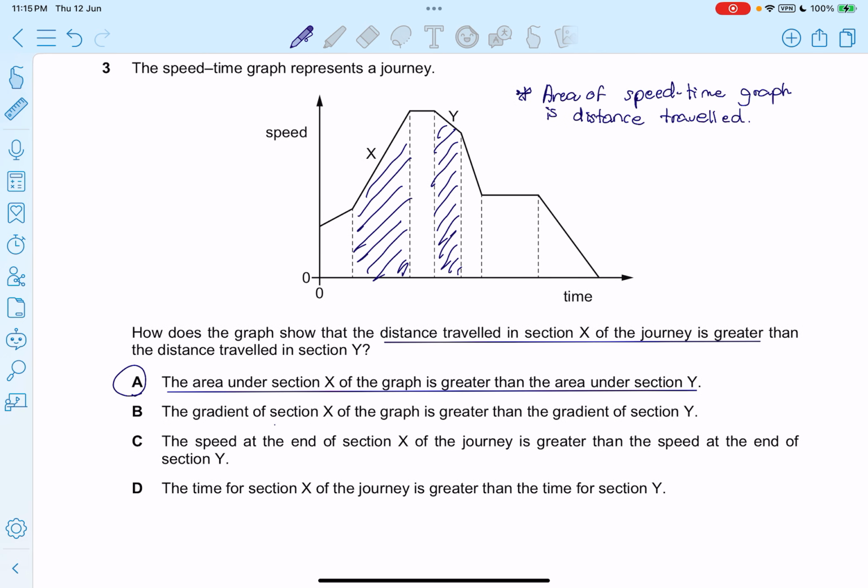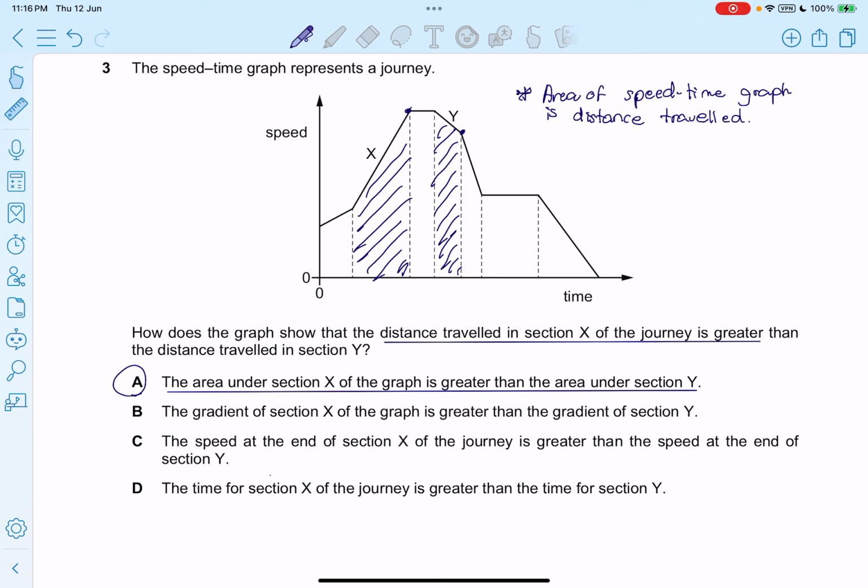B is wrong because the gradient would mean the acceleration. C is wrong because the speed at the end of section X, which is this part, and the speed at the end of section Y are not the same. That doesn't necessarily say anything about the distance.